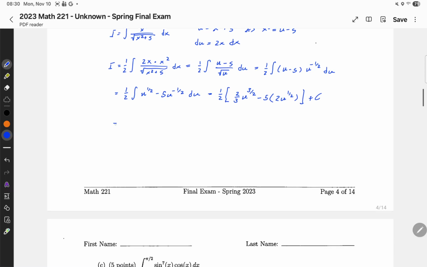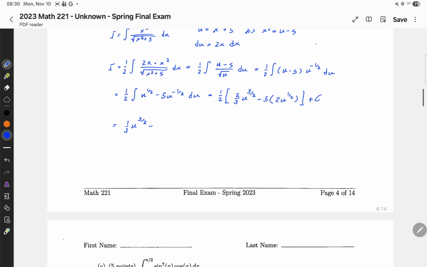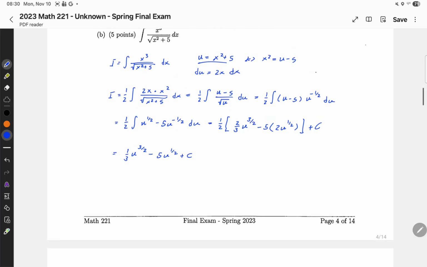All right, and we have this is equal to, let's bring this half through. It's going to cancel with this 2 right here, so we get 1/3 u to the 3 over 2 minus, this 2 is going to cancel with this 2 right here, so we get minus 5u to the 1/2, and then we add our C. And now remember, don't forget to plug back in our u from up here.